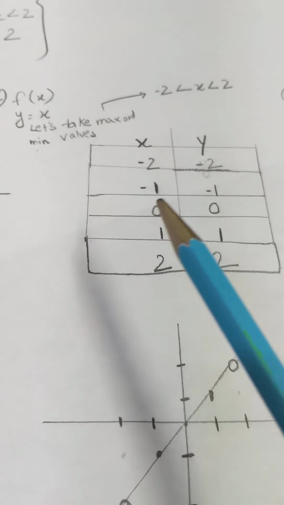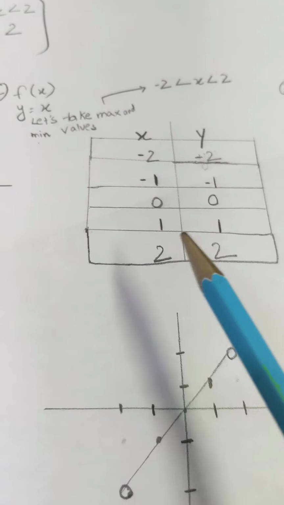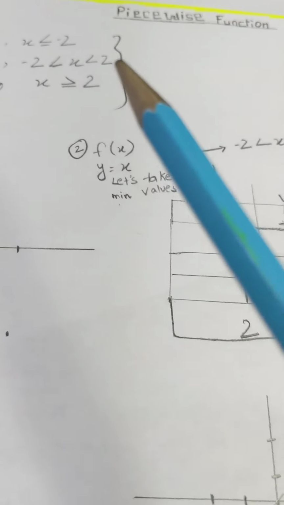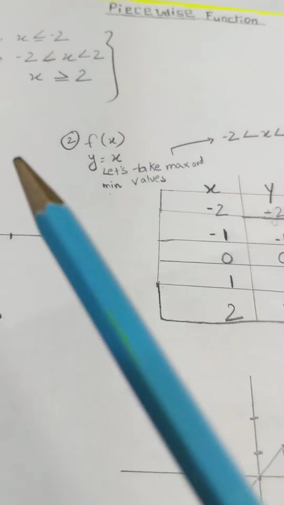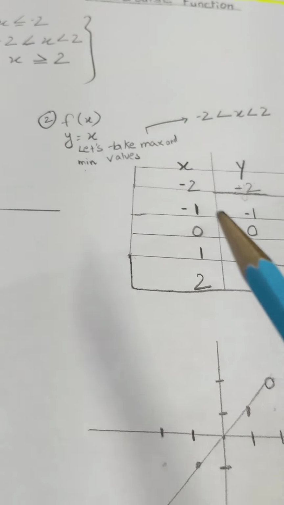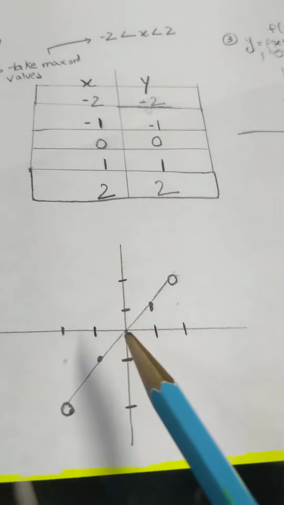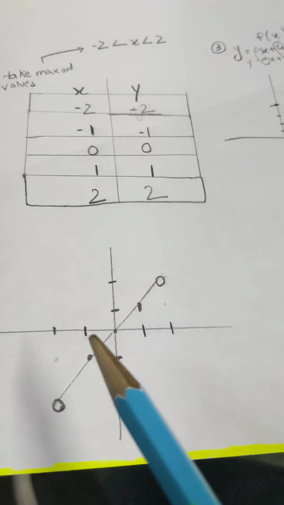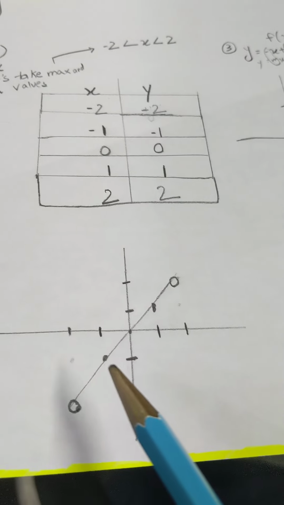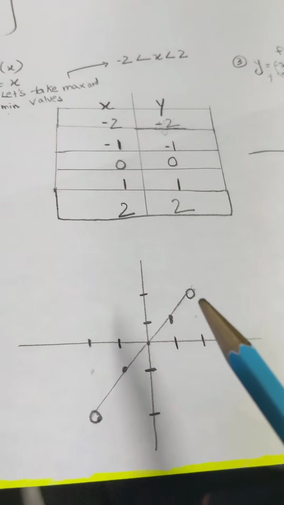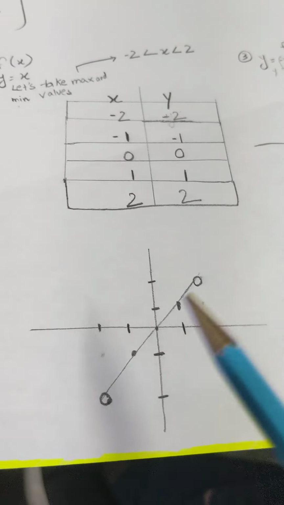So negative 2, negative 2; negative 1, negative 1; 0, 0; 1, 1; 2, 2. At negative 2 and 2, as it's not equal, there will be a hole. Between these points, the values remain the same. X value negative 1, y value negative 1; x value positive 1, y value positive 1. But there's a hole at the ends, so that's the second one.